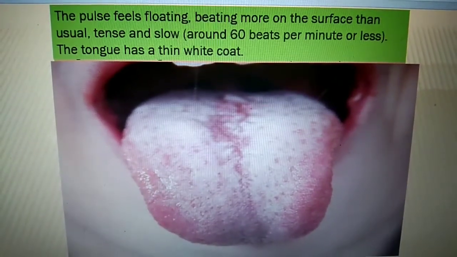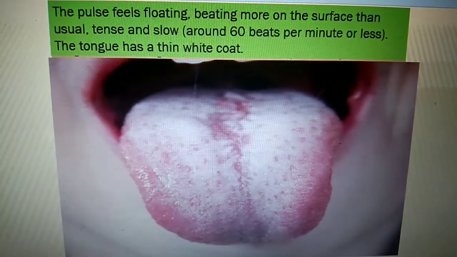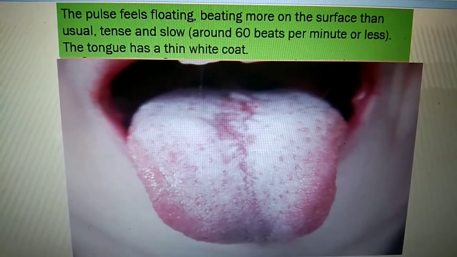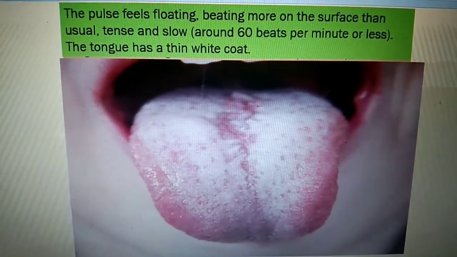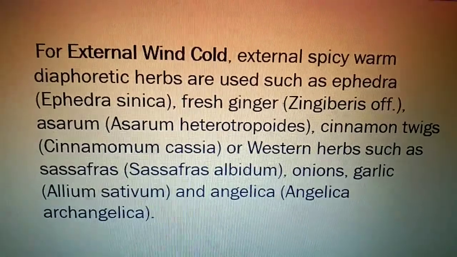The pulse feels floating, beating more on the surface than usual, tense and slow, around 60 beats per minute or less. The tongue has a thin white coating.